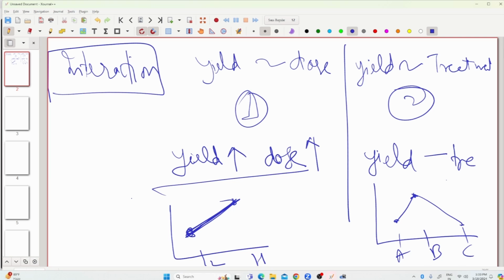Now, we can say on this database, on the assumption that if we take high dose and B treatment, effect should be maximum.